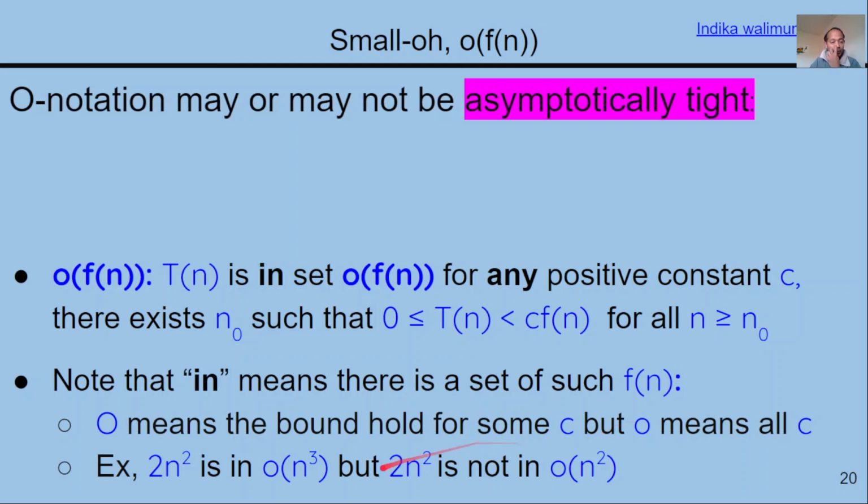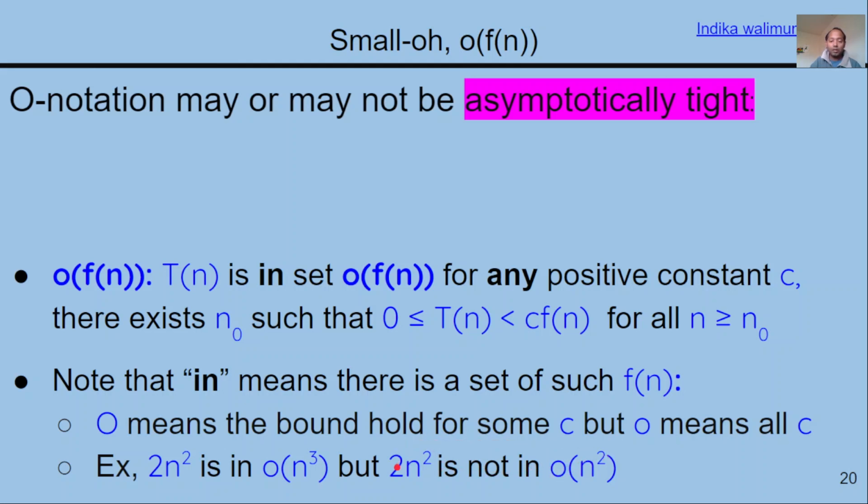As an example, 2n to the power 2 is in small o of n to the 3, but 2n to the power 2 is not in small o of n to the 2. So we cannot say 2 times n to the power 2 is in small o of n to the 2.